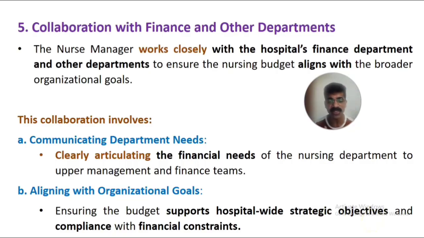Usually the hospital has short term and long term strategic objectives or goals. So the budget has to be proposed and utilized according to the strategic objectives or plans of the hospital, ensuring the budget supports the hospital-wide strategic objectives and complies with the financial constraints or limitations of the hospital.